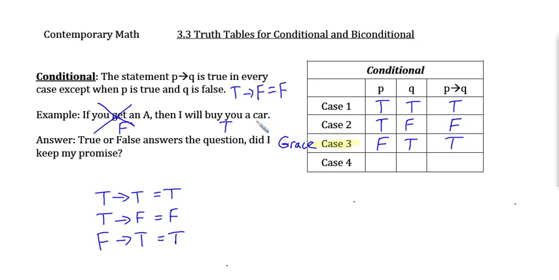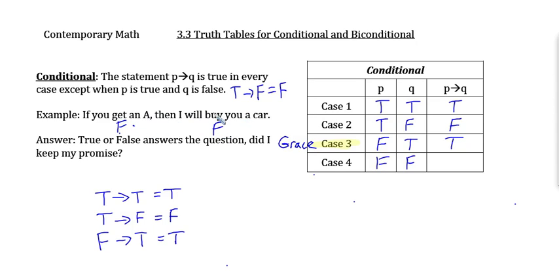For the last example, okay, the last case is going to be where P is false and Q is false. So let's think about this here. So if you get an A, so that's false, you didn't get an A. Then I will buy you a car, that's false, so I didn't buy you a car.